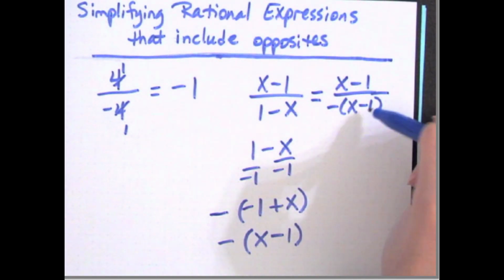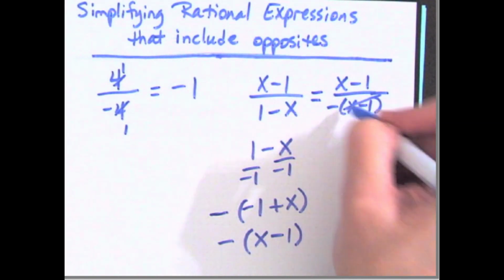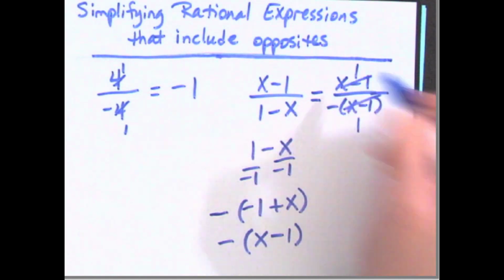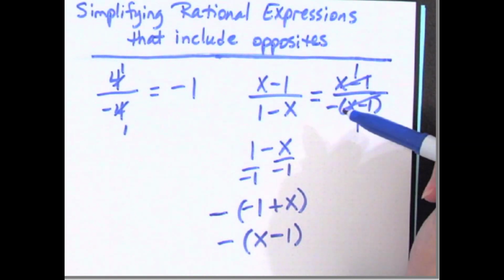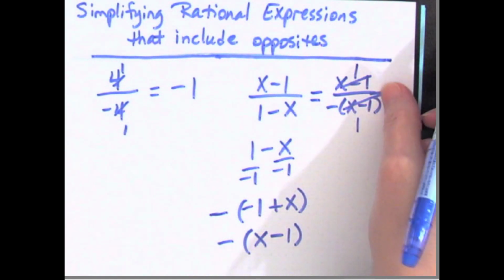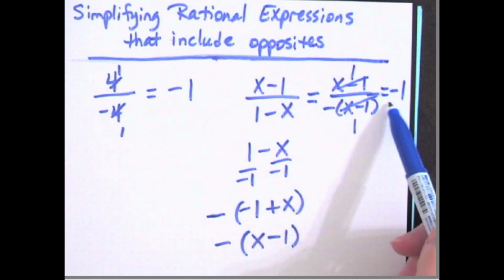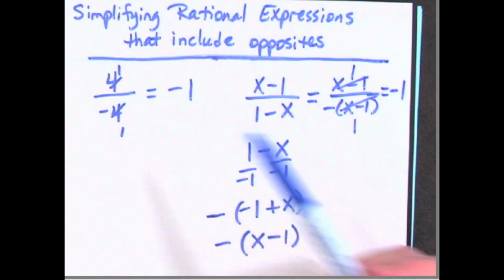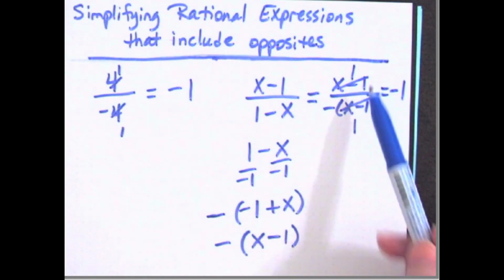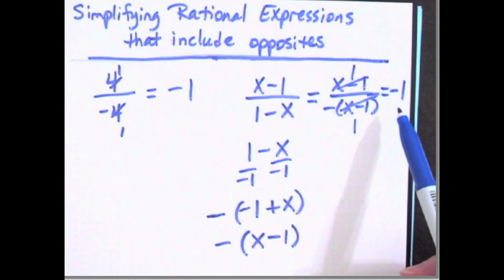Well, now I have a common binomial factor. I can cancel out the x minus 1s, and I have 1 divided by negative 1, which is negative 1. Oh, so whether we're doing monomial constants or we're doing binomials, if we divide opposites, we get negative 1.